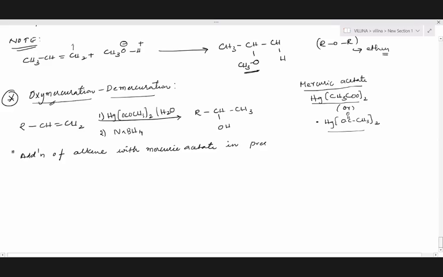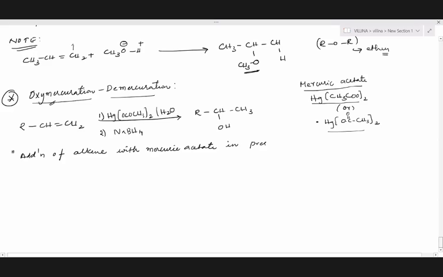Means addition of mercury and removal of mercury will happen. So oxymercuration is addition of oxygen along with mercury. Then in the second step, we will be removing the mercury that we have added. So I will write the net reaction first, and after that, I will explain the individual steps.